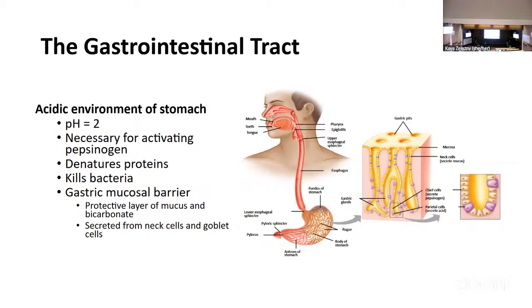So if you've got these protons, these hydrogen ions, this acid coming up close to the wall of your stomach, hopefully the mucus is helping it not actually touch our tissue, our cell layer itself. And as this acidity comes into contact with the mucus, there's some bicarbonate in there, which we know can buffer out acidity, right? So that's coming from those neck cells and from goblet cells, which are a little further up.